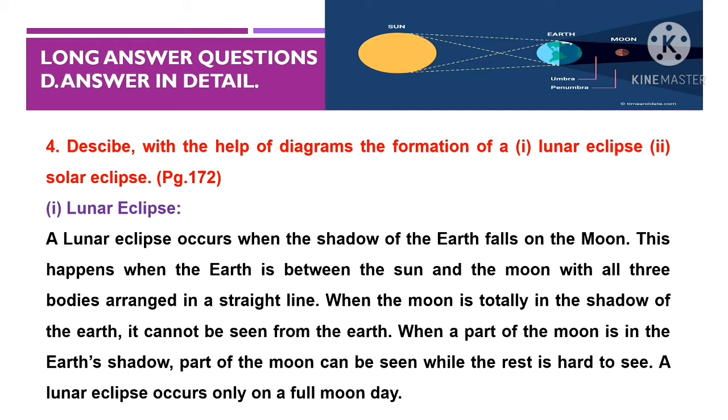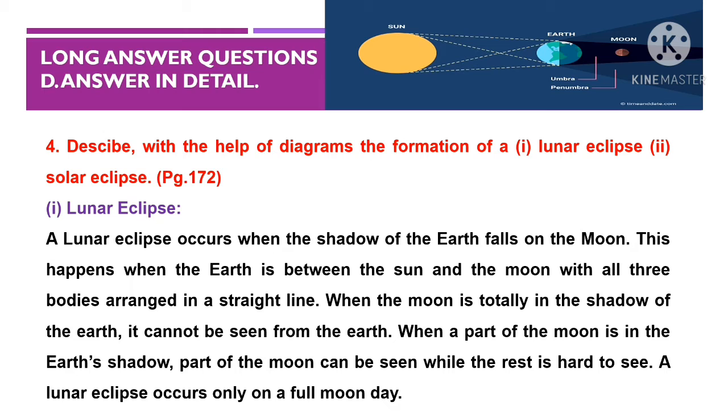Question 4. Describe with the help of diagrams the formation of 1. Lunar eclipse, 2. Solar eclipse. Answer is in page number 172. Lunar eclipse. A lunar eclipse occurs when the shadow of the earth falls on the moon.